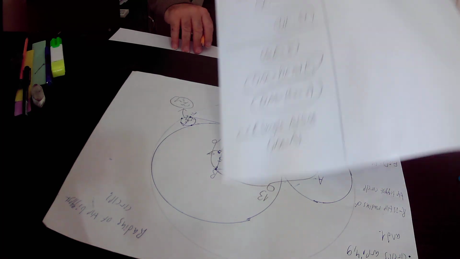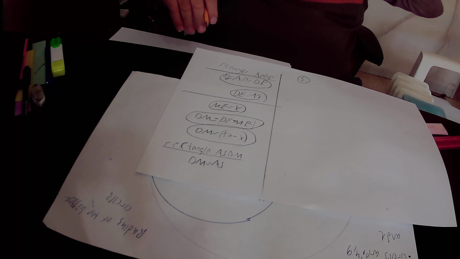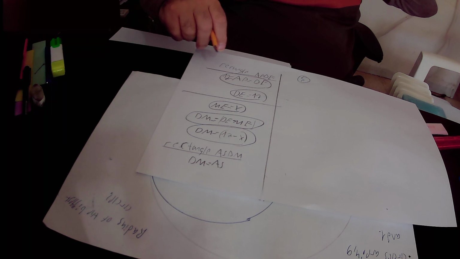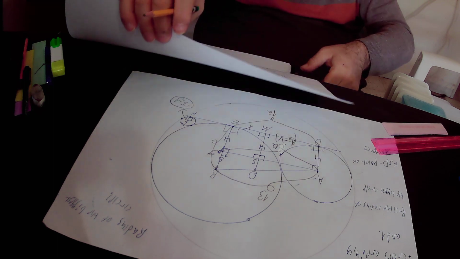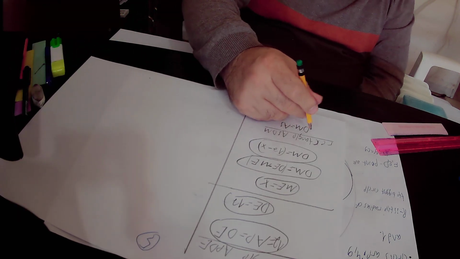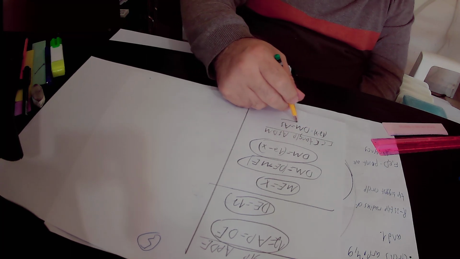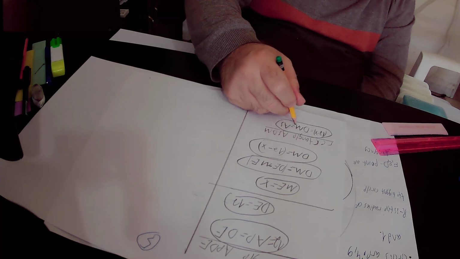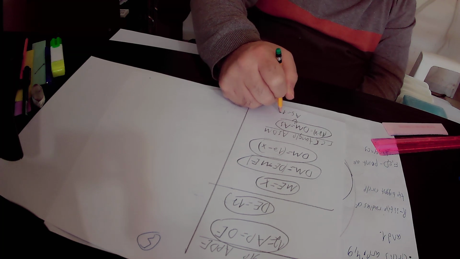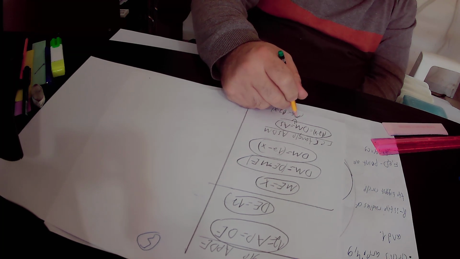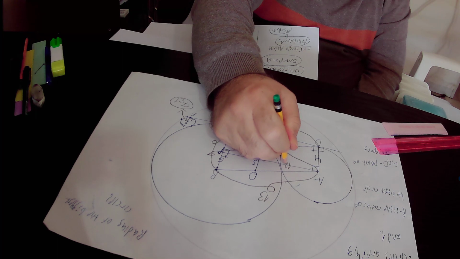But we have already found out that DM equals 12 minus X. And from this equation, 12 minus X equals DM equals AS, we conclude that AS is also equal to 12 minus X. So we can write here that AS equals 12 minus X.